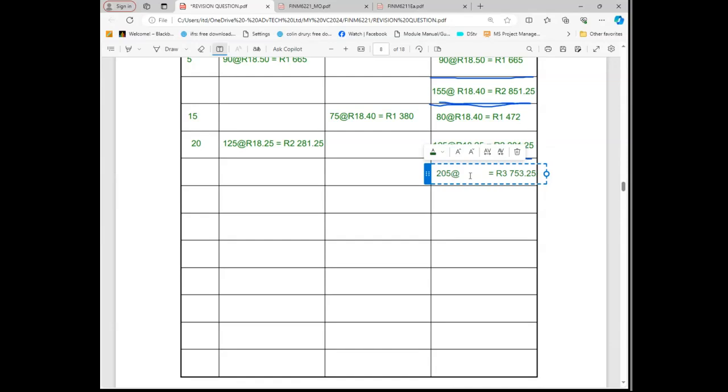Yes, sir. Then you're gonna take that amount divided by the units, which will give us the new weighted average, which is then 18 rand and 31 cents.